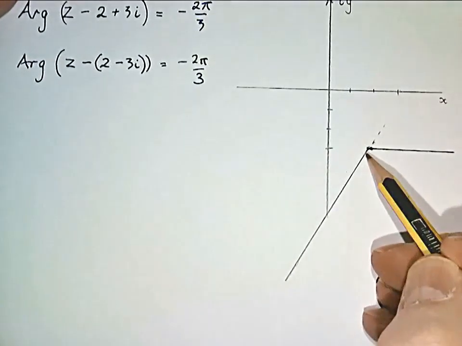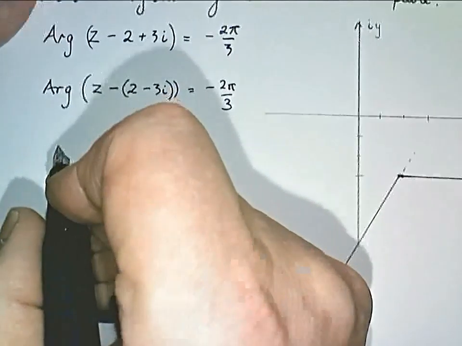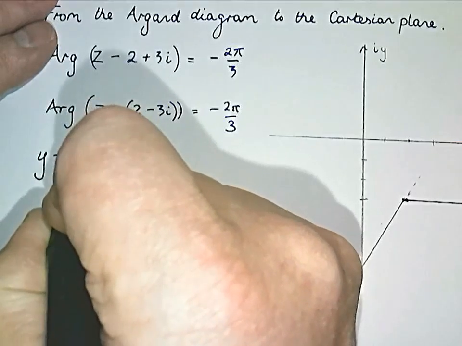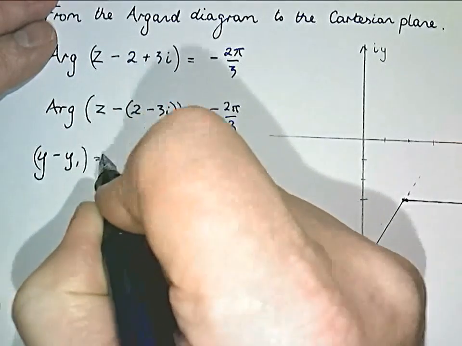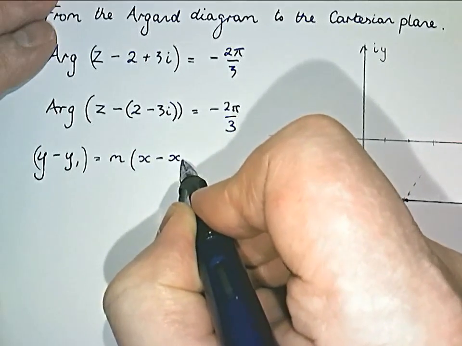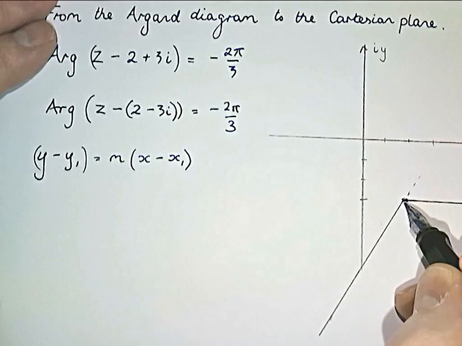Now we have this formula y minus y1 equals m of x minus x1 when we have a point through which a line passes and we know the gradient.